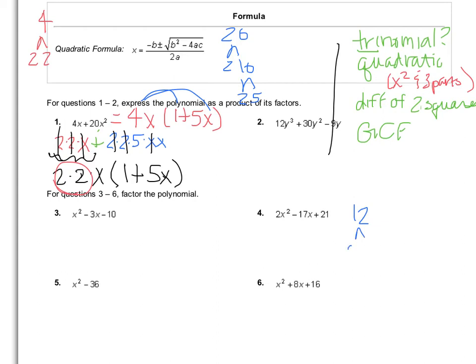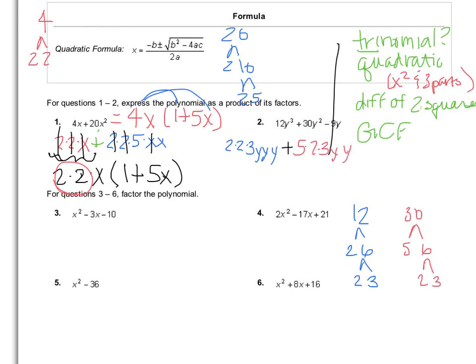Well, 12 is 2 times 6. 6 is 2 times 3. So I could write 12 as 2 times 2 times 3, and then 3y's. Plus 30. Well, 30, I could do 5 and 6 is 2 and 3. So I can write 30 is 5 times 2 times 3, and then I have 2y's.